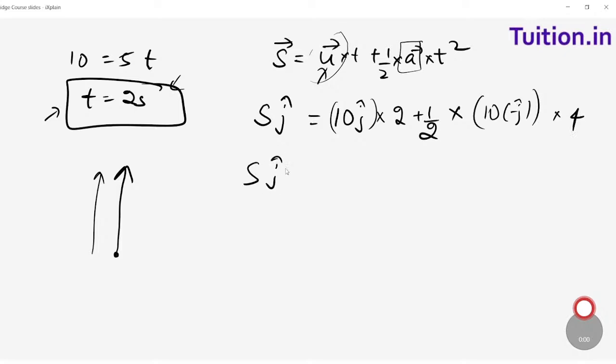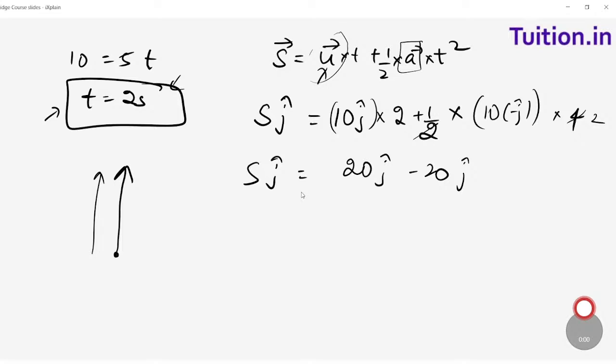So S j cap is nothing but 20 j cap plus, this is how much? 4 into 2, minus 20 j cap. Why am I getting a 0 here? I shouldn't be getting a 0. There is probably some mistake that I have done.